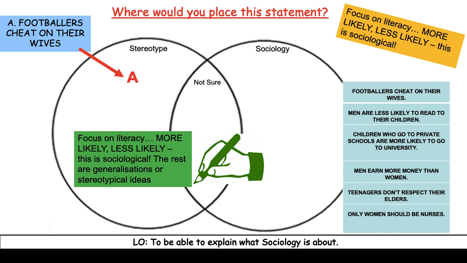We have studies that have been conducted to tell us that, but it's not giving us a confirmed agreement within all sociologists, within all societies, that men are less likely to read to their children, but actually just less likely, okay? Children who go to private schools are more likely to go to university.